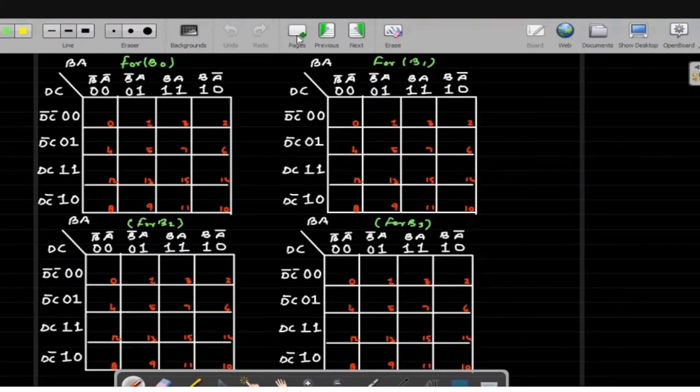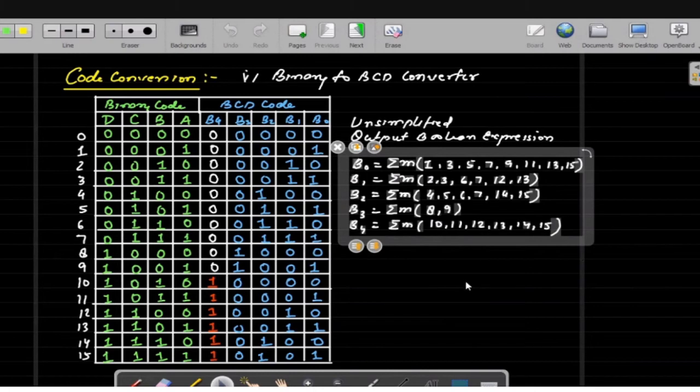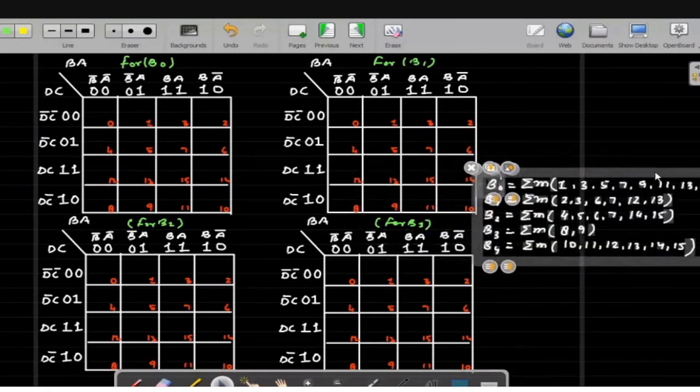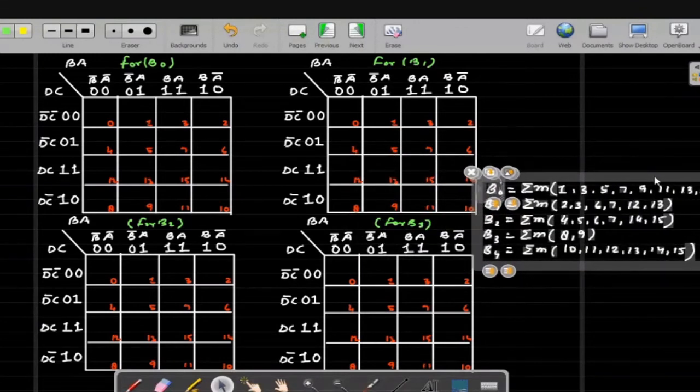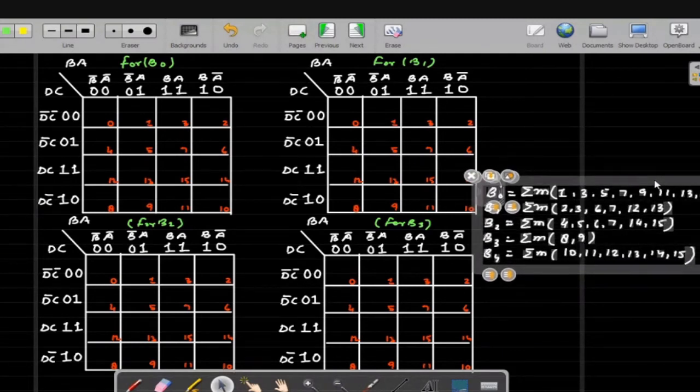So now let's take these Boolean expressions again and try to simplify them. I'm just writing it here to memorize all the minterms, then we will delete it.